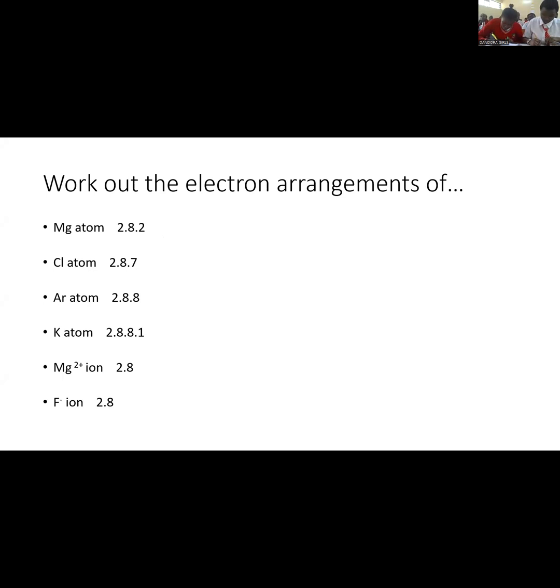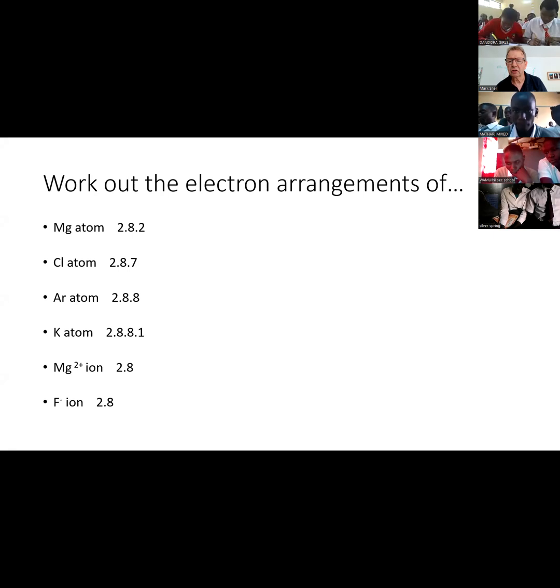Magnesium, when it is on its own at the top, is 2.8.2. To have a full outermost shell, it will lose the 2 outermost electrons, and so it will become 2.8. Fluorine, normally just 2.7, will pick up 1 electron and become 2.8.